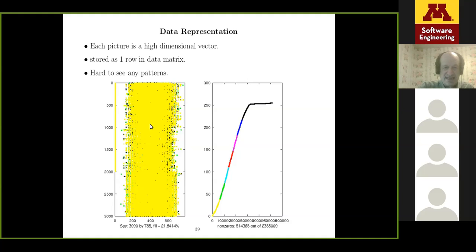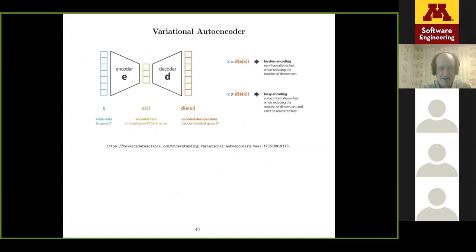So you can already see that these digits live in a manifold that doesn't occupy the entire space, but this manifold is probably very nonlinear. So variational autoencoders are a neural network way of trying to discover what those manifolds are. The way it works is you feed the inputs over here.